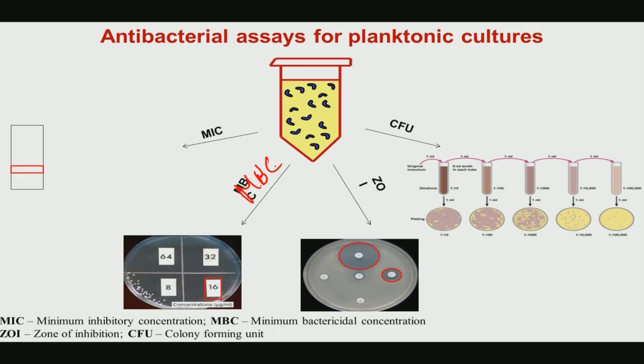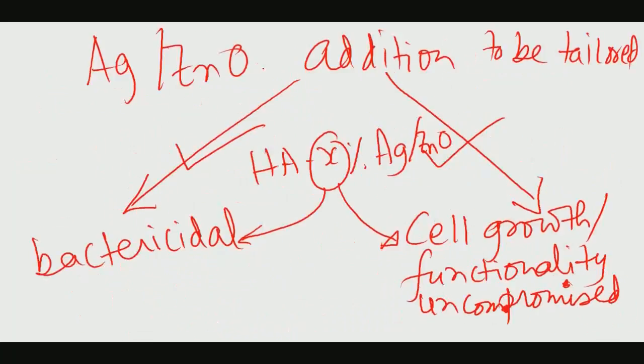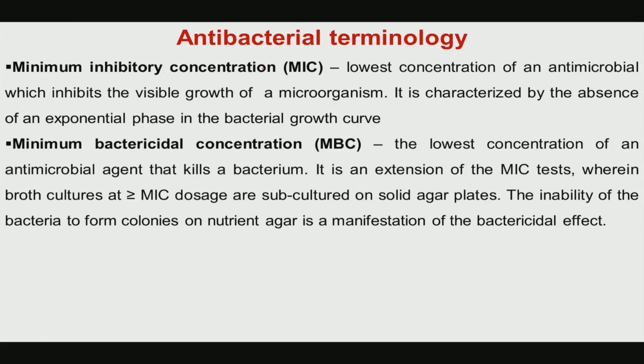Then there is the zone of inhibition, ZOI, and CFU, the colony forming unit. So, there are 4 things: MIC, MBC, ZOI and CFU. These 4 aspects need to be assessed qualitatively and quantitatively. So, let us see the meaning of these terms.